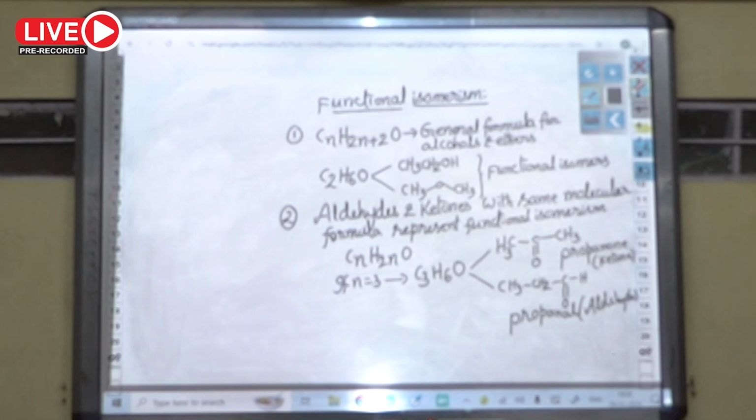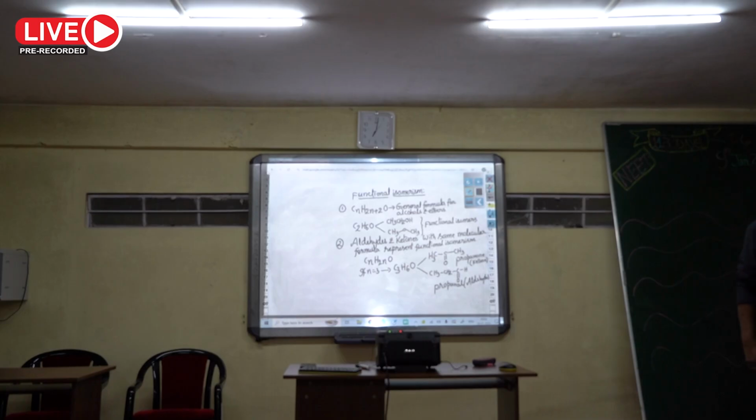So aldehydes give the silver mirror test. Ketones do not. Similarly, aldehydes react with Fehling's reagent, which is ammoniacal cupric sulfate stabilized by tartrate, and give a red precipitate. Ketones do not. Similarly, aldehydes react with Benedict's reagent and give a red precipitate. Ketones do not. Like that, isomers always have the same molecular formula but different properties.